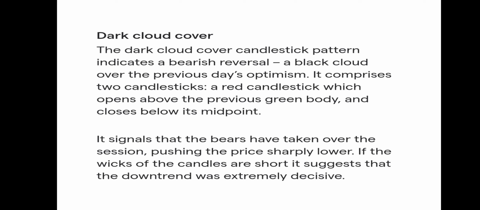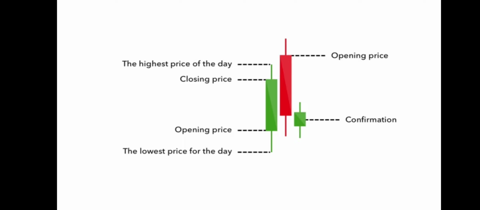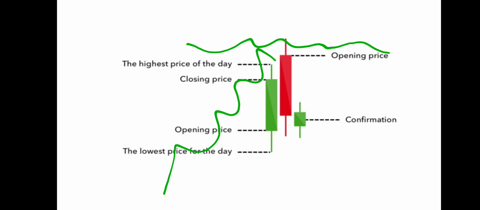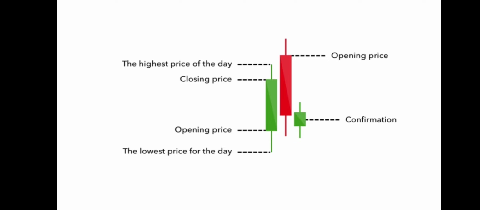And the next candlestick pattern is the dark cloud cover. It's also similar to the piercing line, but the difference is it forms after a long uptrend or maybe at the resistance area. This is a bullish candle and this is a bearish candle. There is a long uptrend and this candle is formed, and the next day there is a gap up opening.